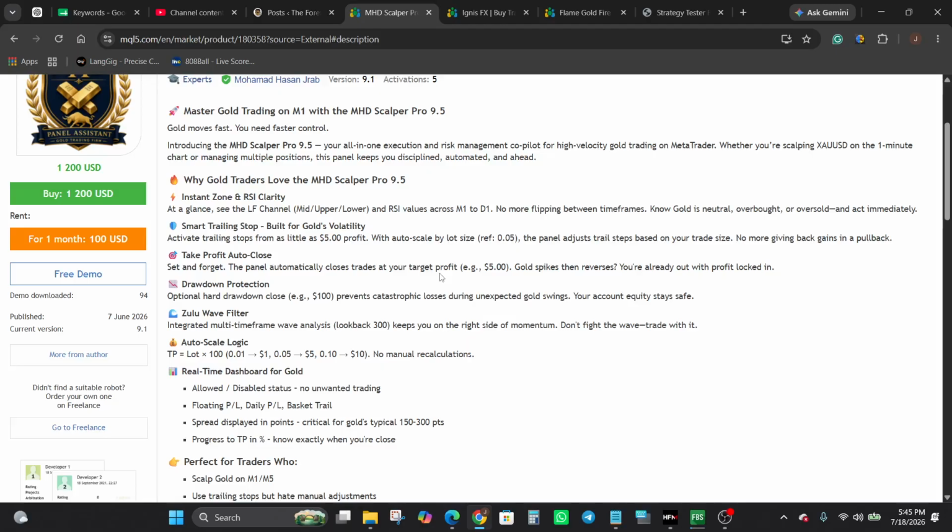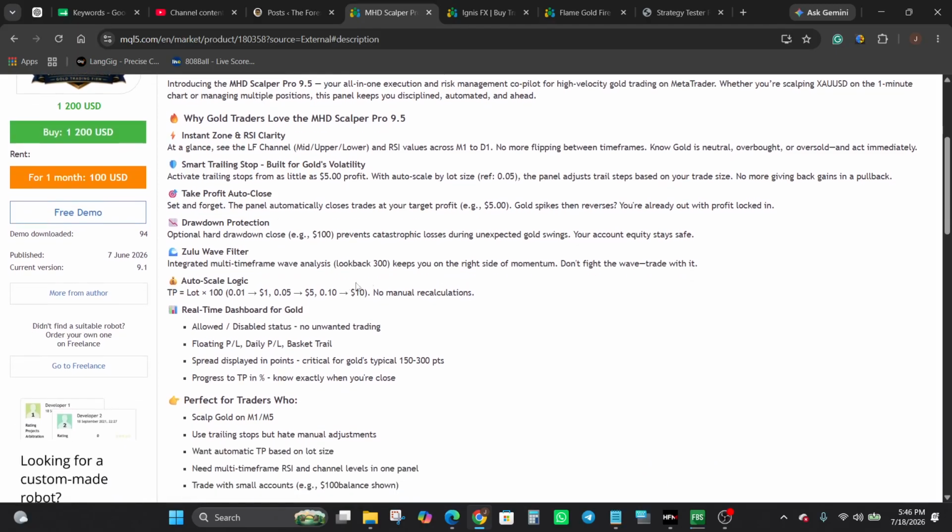There is an optional hard drawdown close to cap losses at a configurable dollar figure, and a multi-time frame wave filter with a 300 bar look back for momentum context.